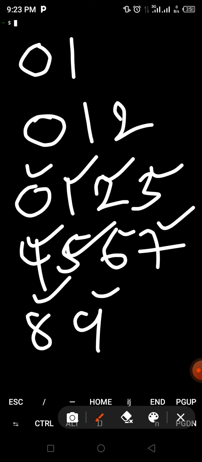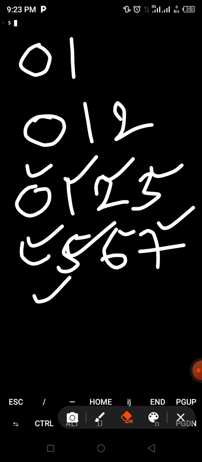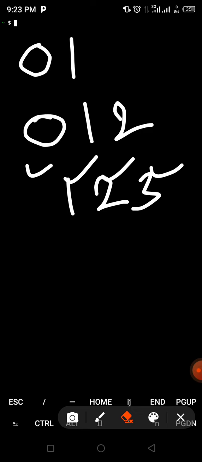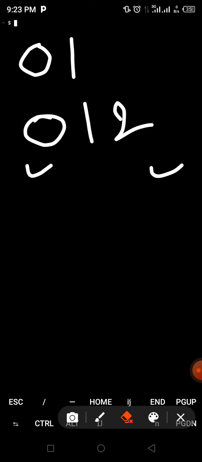So that is for base. If for instance we have base 7, that means our numbers are going to range from 0 to 6. You understand that? So it's just like a modulus operation. So it has a limit. We are operating in mod 1, mod 2, mod 3. So it's going to range from 0 to the number before that number.